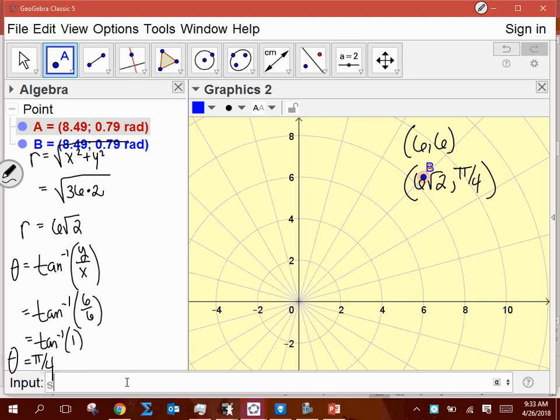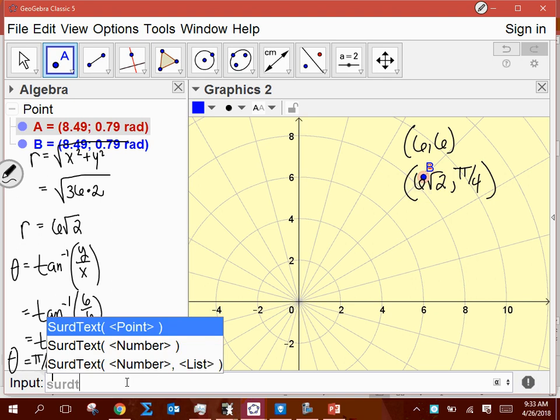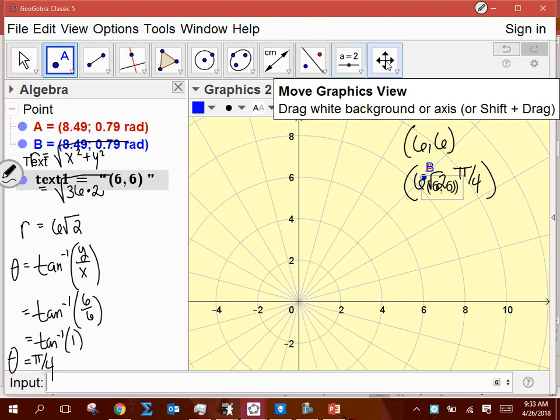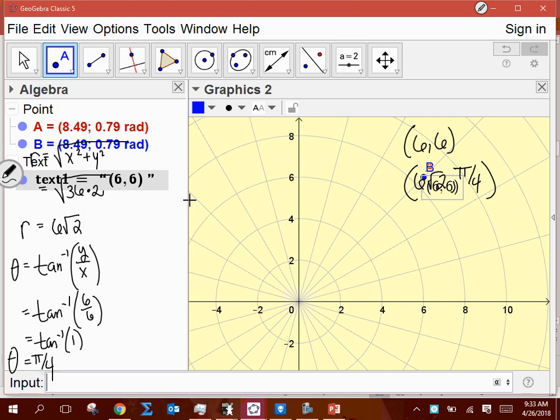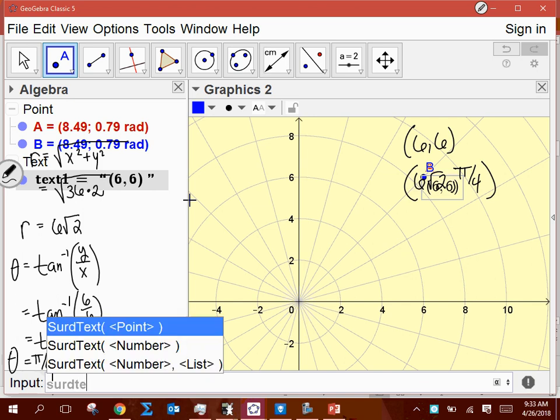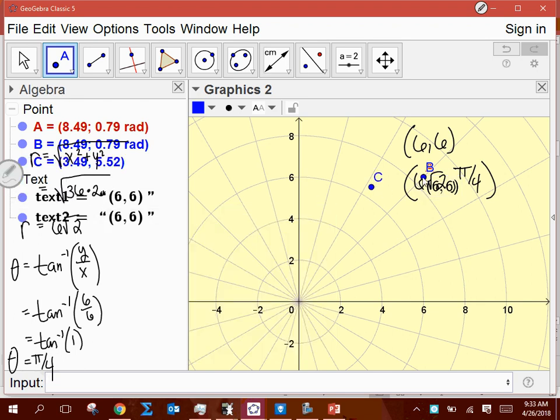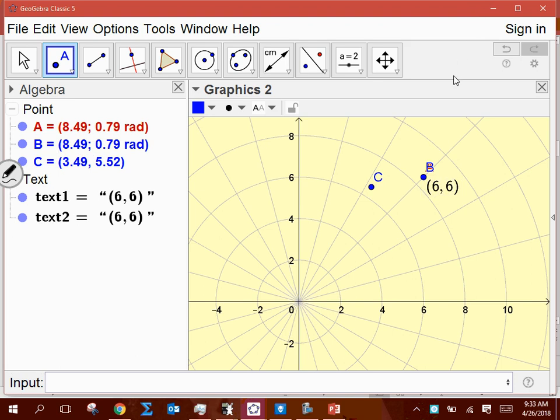I don't know if it's got... Let's see here, surd text A, text B. Yeah, it doesn't give me what I'm looking for there. Can we do that? Is that hard? No, that should have been pretty easy for us to do.